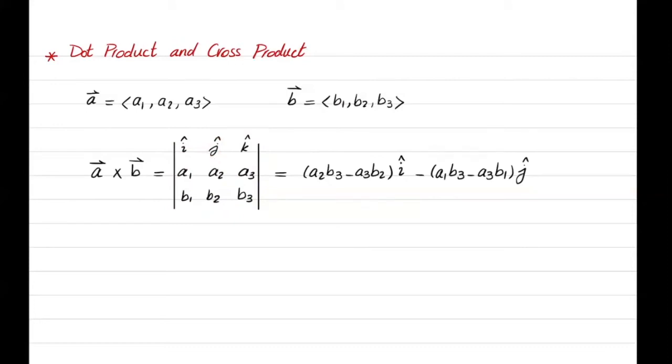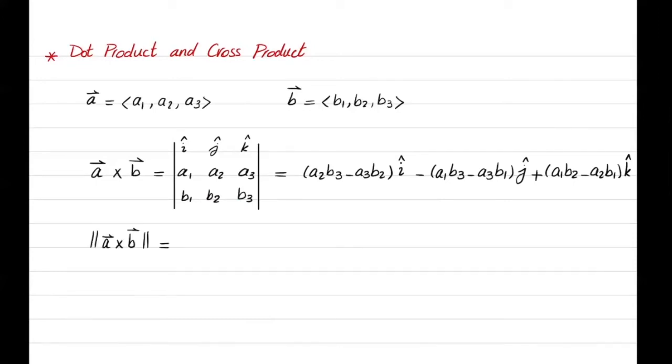And the third term is the multiplication of k and the determinant of this submatrix. Here k is in the first row and third column, and this summation is equal to 4, which is an even number, so here we will have a positive sign. This is the definition of the cross product, which is only defined in 3D.